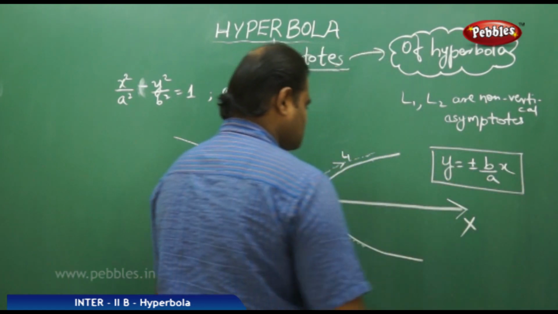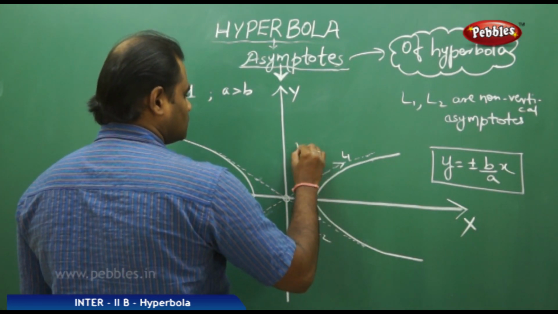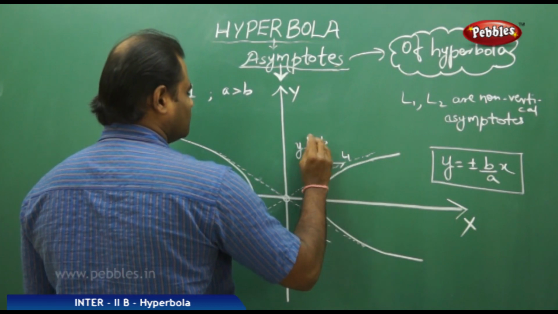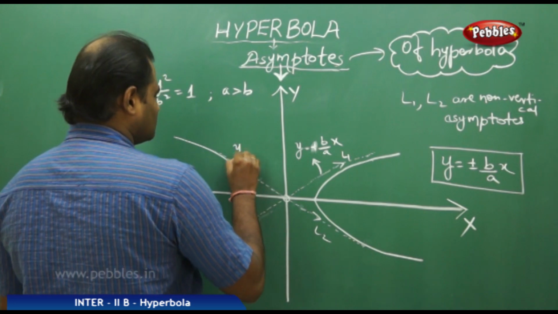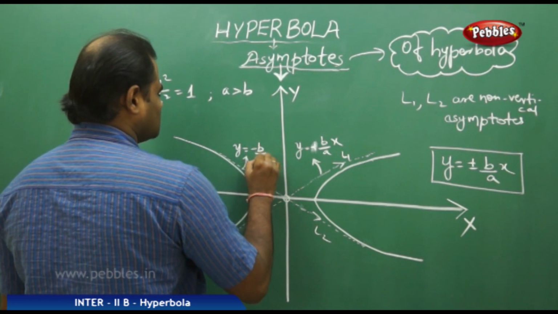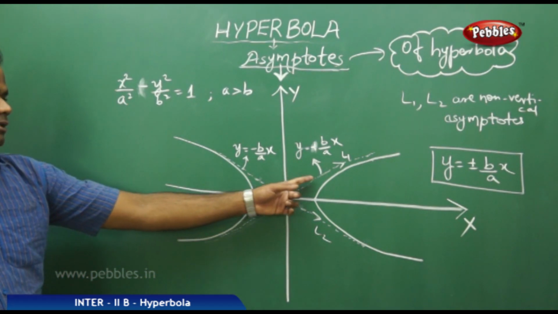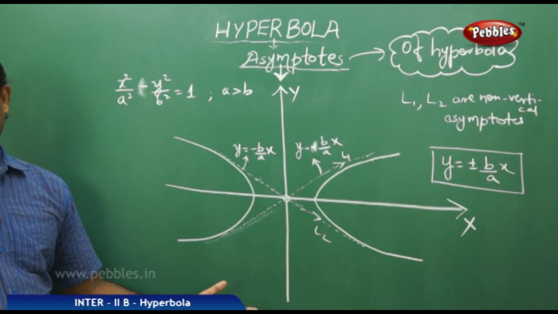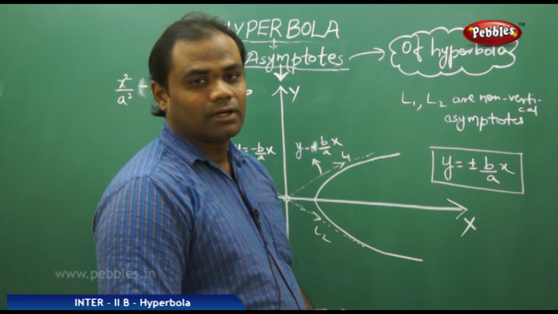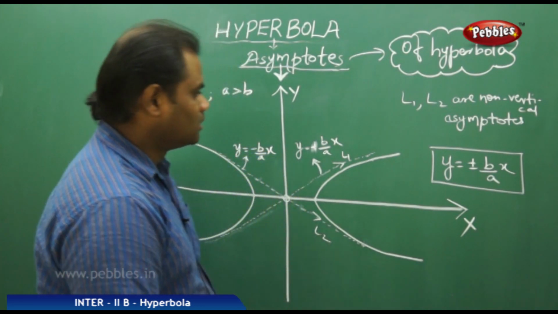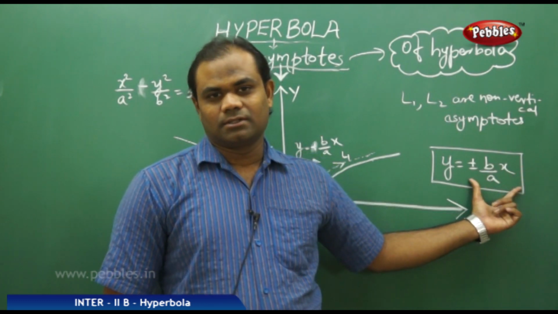One of them is given by y equals plus b by a of x, and the other by y equals minus b by a of x. This is how we understand the asymptotes for the given hyperbola. So asymptotes for a standard form of hyperbola are y equals plus or minus b by a times x.